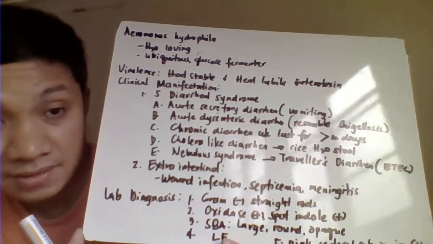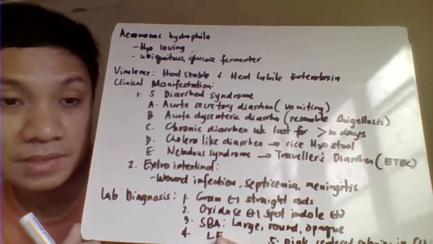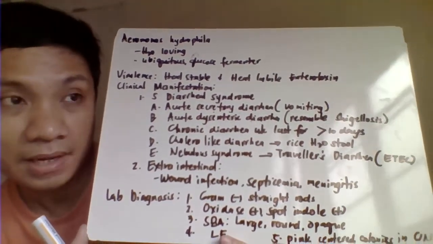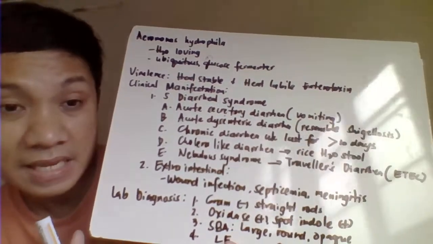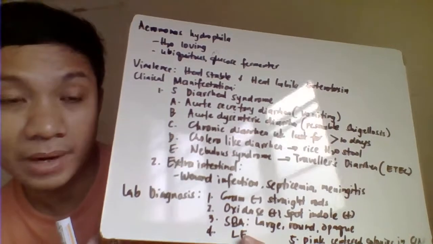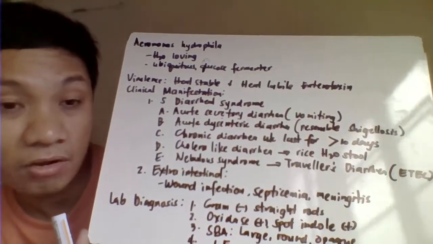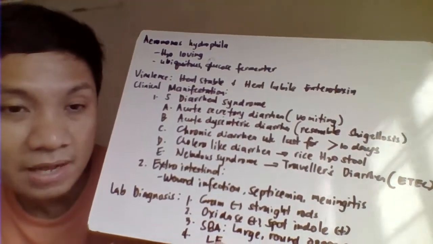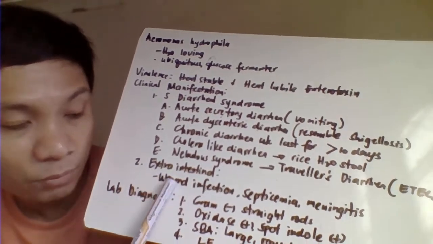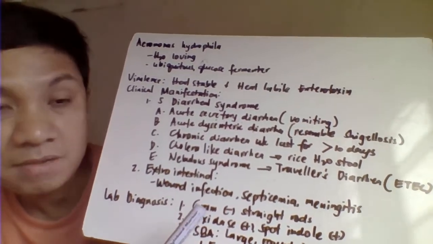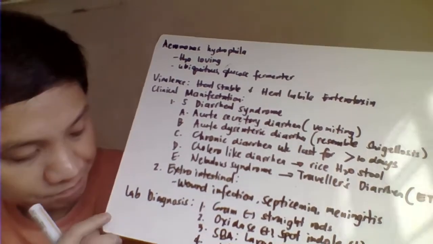And the last is the nebulous syndrome, resembling traveler's diarrhea caused by ETEC, or enterotoxigenic E. coli. Aside from diarrhea, it also causes extraintestinal manifestations like wound infection, septicemia, and meningitis.